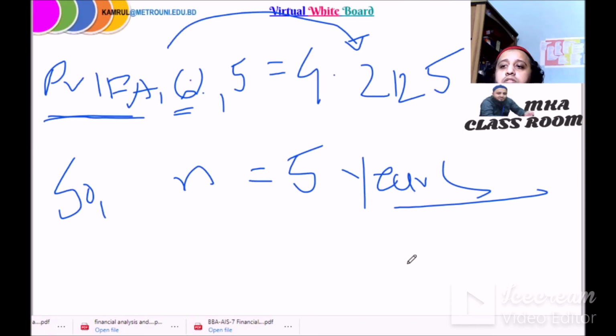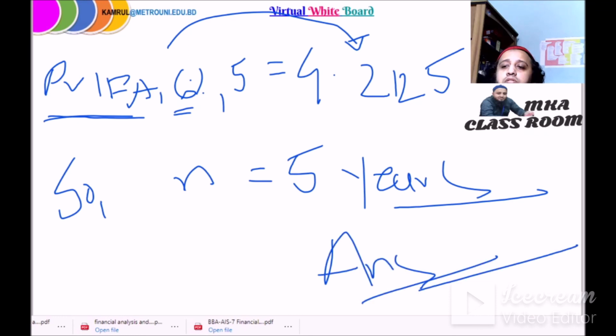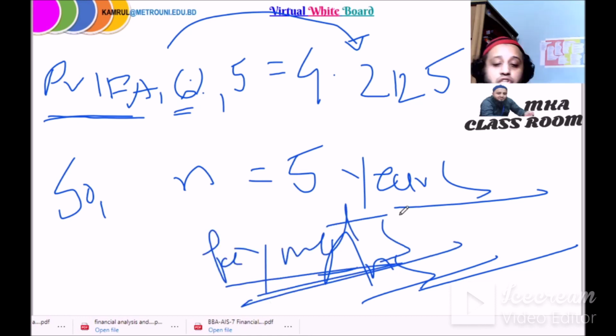That is our desired answer. 5 payments. I said, how many payments must you receive to earn 6% interest? You have to receive 5 payments. That is our desired answer.